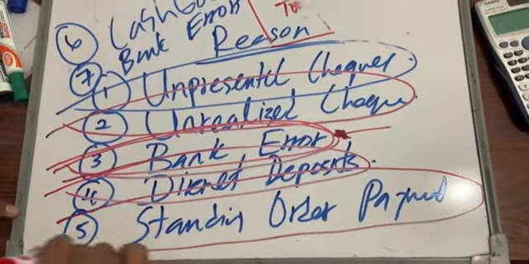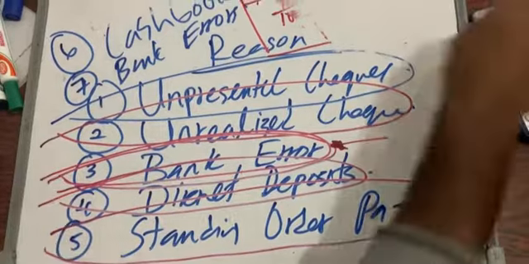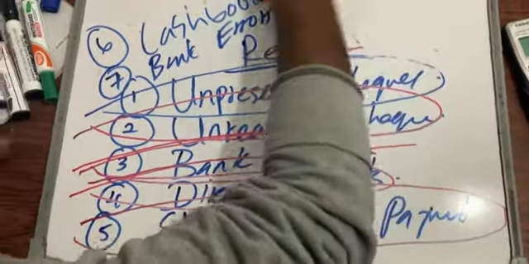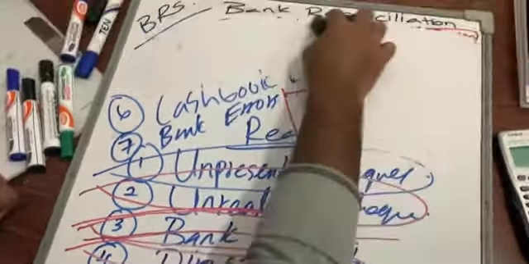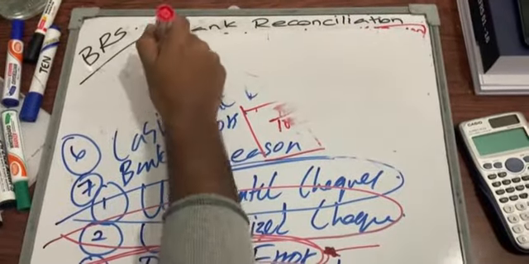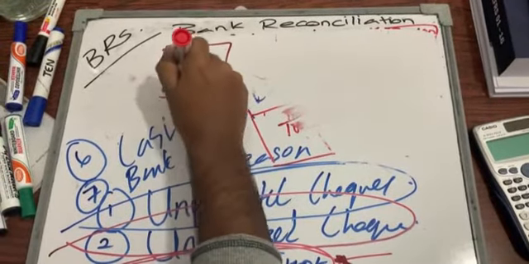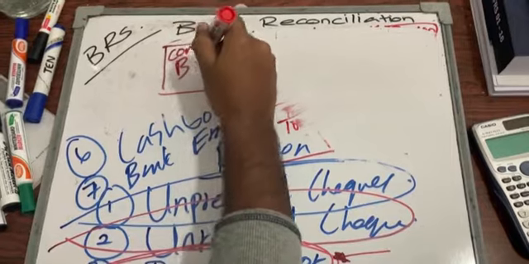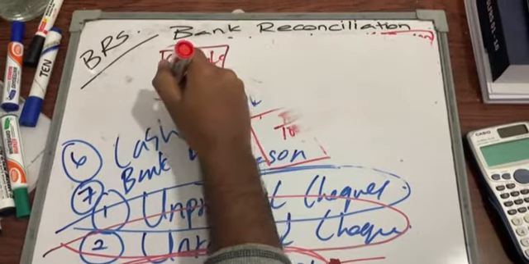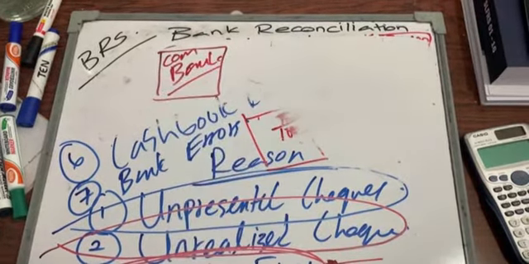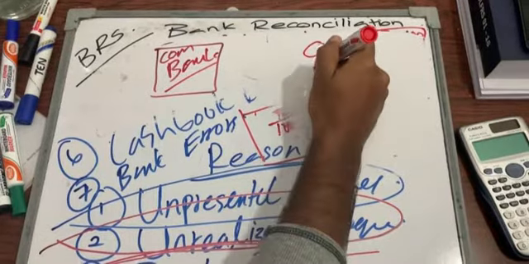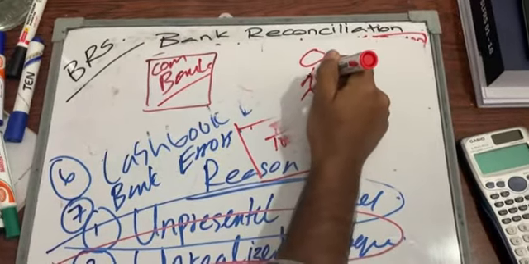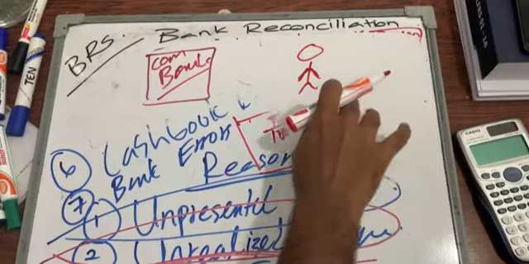Next, standing order payment. What do you mean by standing order payment? The meaning of standing order payment is, for example, we have a bank account in Commercial Bank. You are the account holder of your account.